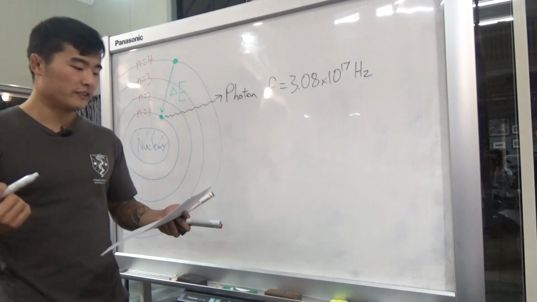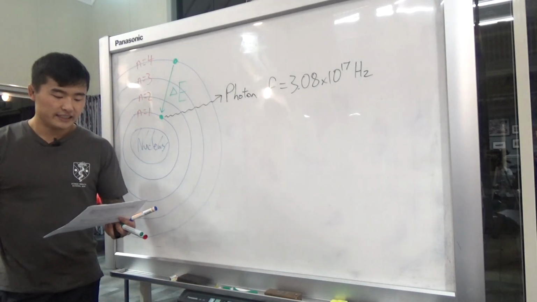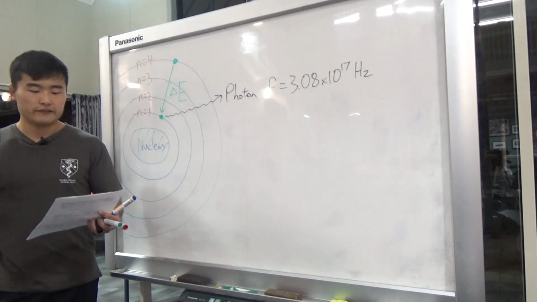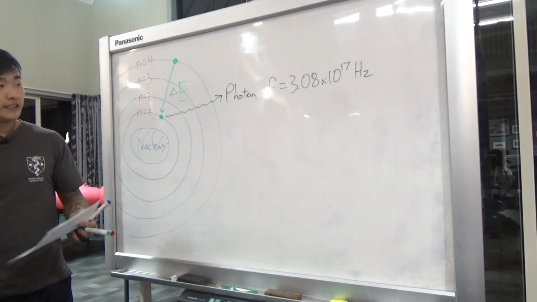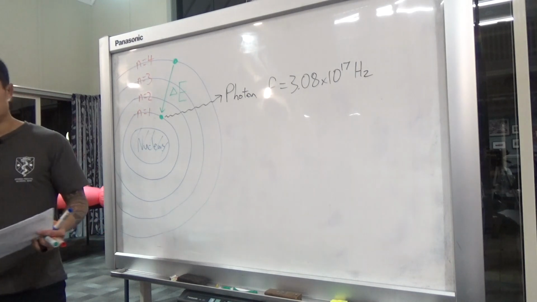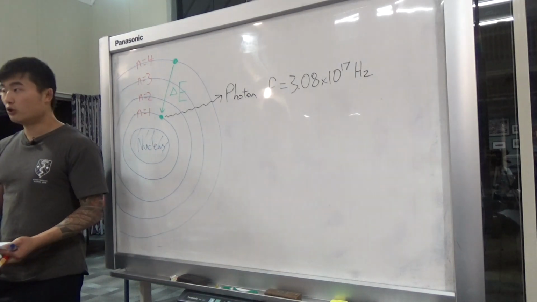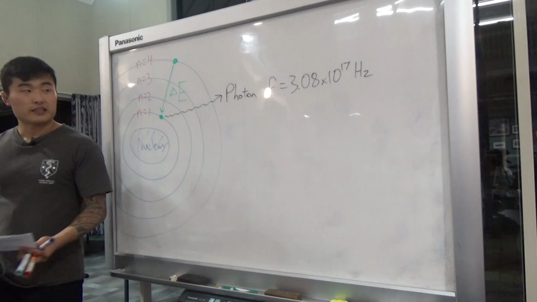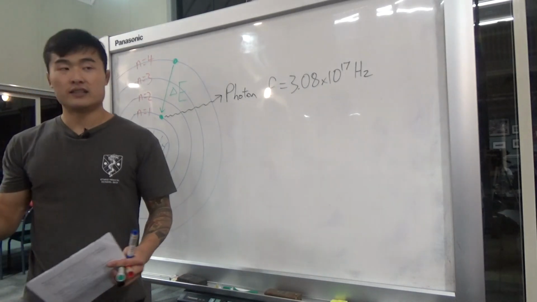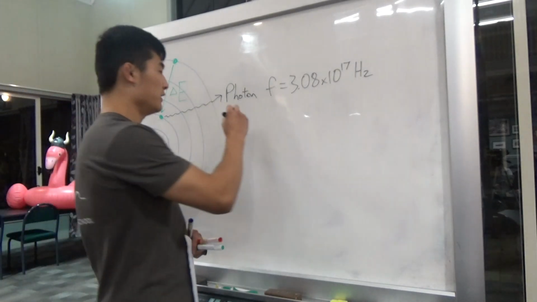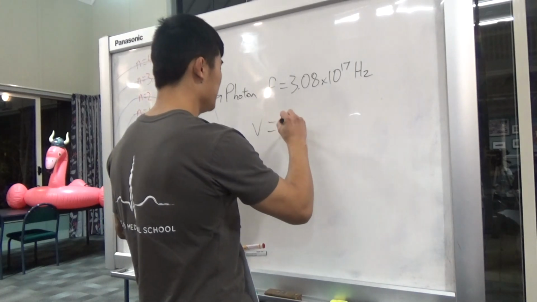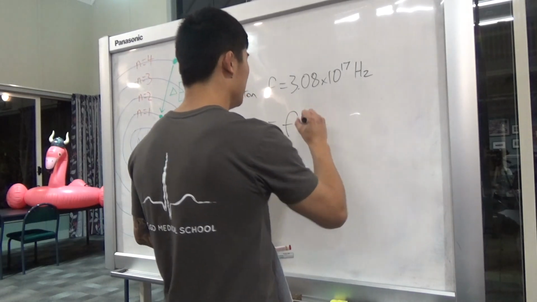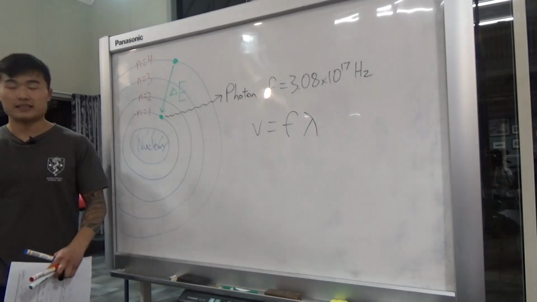Okay, so we know the frequency of this photon. Now the first question is, what's the wavelength of the emitted photon? A photon is a form of electromagnetic radiation, or light. Light is a wave, which means that the velocity of a wave is equal to frequency times wavelength.